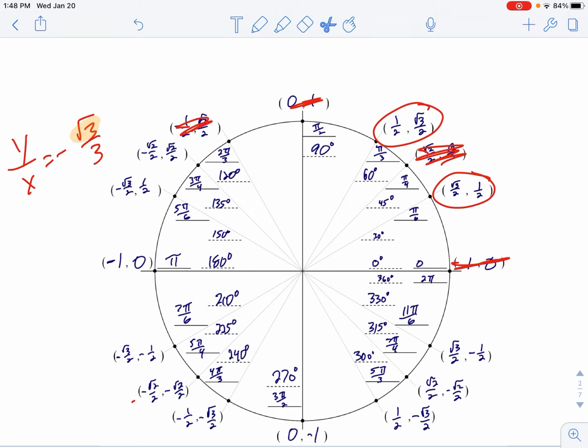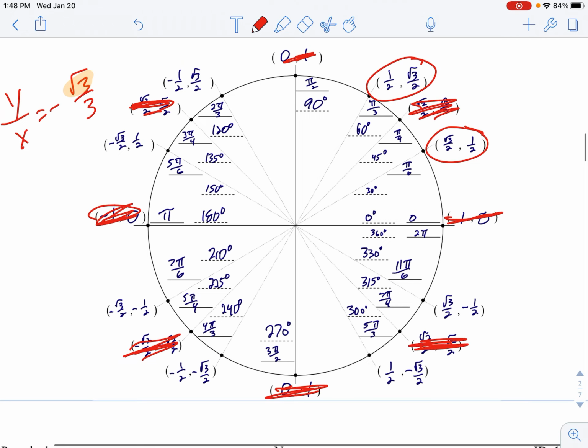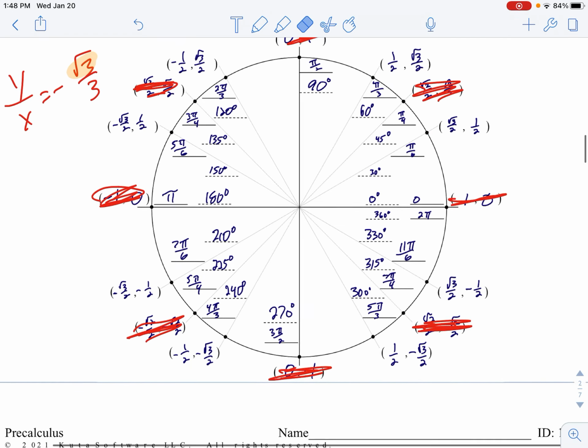Oh wait, sorry, that one does have a square root of 3 in it, right there. So it could be that point. Definitely not this one. Could be that one. Definitely not the rest. So I've narrowed us down to 2, 4, 6, 8 possible angles.